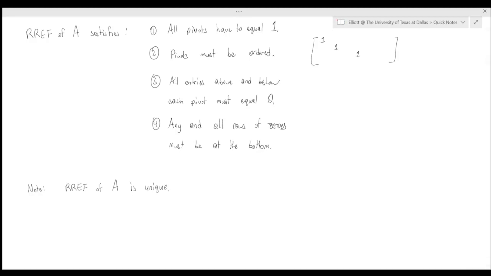And we won't talk too much about it this week, but the reason why the RREF is important is because certain information about the matrix A is going to be most transparent when you look at the reduced echelon form.